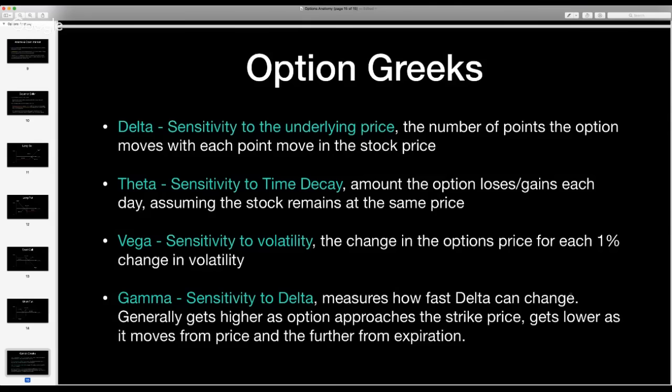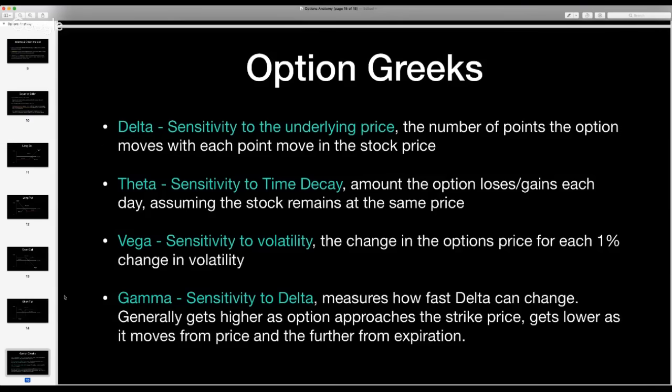In other words, it starts getting either more bullish or more bearish if it's going towards or away from the strike price. And it gets lower as it moves away from price, or the expiration is further off into the distance. So as expiration gets closer, it gets higher.